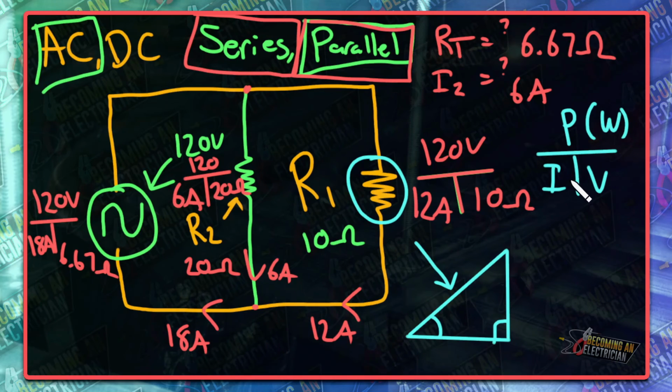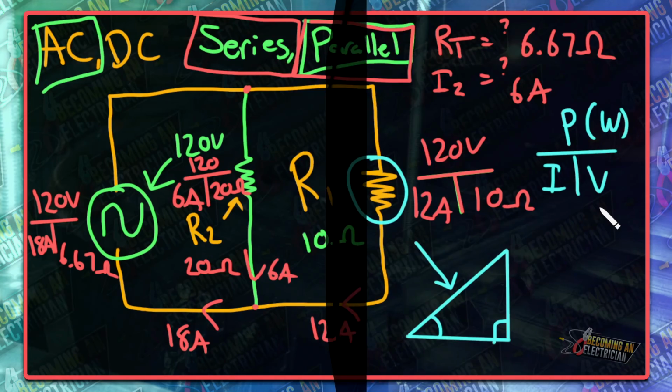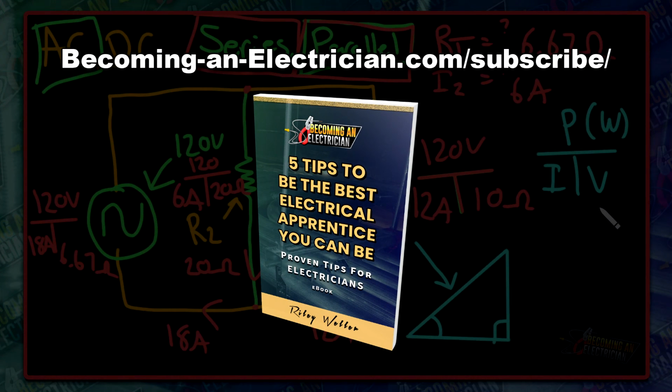If we want to find amperage, we just go watts divided by volts, which gives us amperage. And if we want to find volts, we would just go power divided by amperage. And that's it, okay?